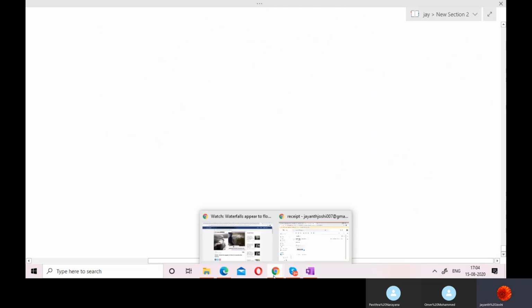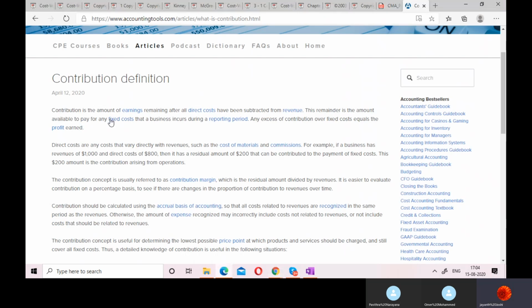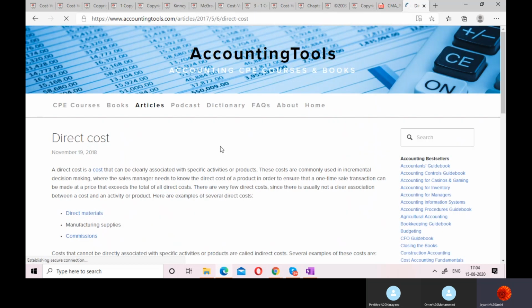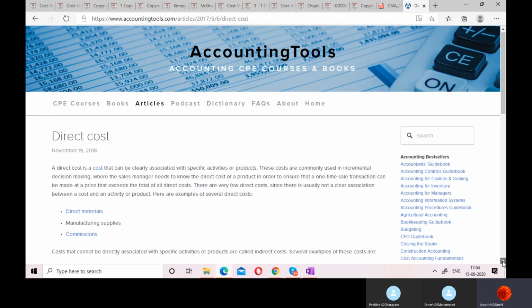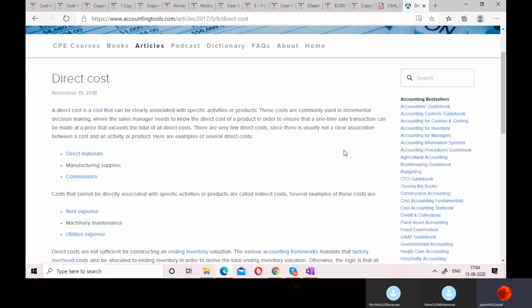So what is that point we are discussing here regarding contribution? Contribution is the amount of earnings remaining after all direct costs have been subtracted from revenue. So direct costs are what? Direct material, direct labor, and they are of variable nature. So when you subtract your variable costs from your sales, you get contribution.